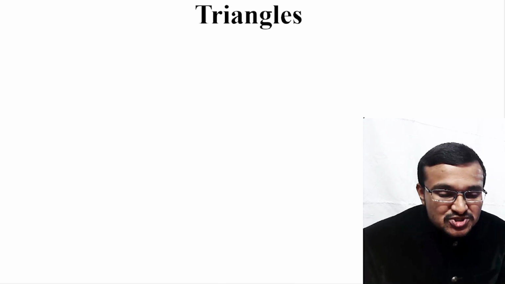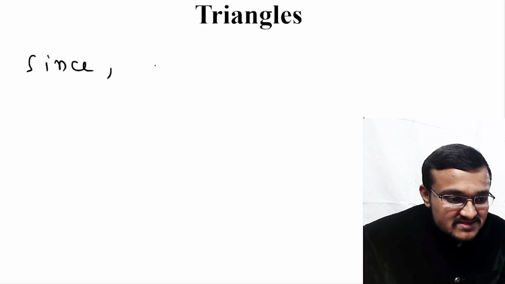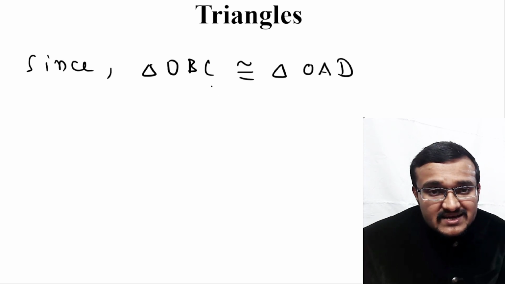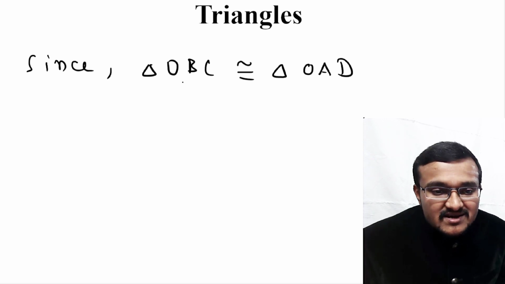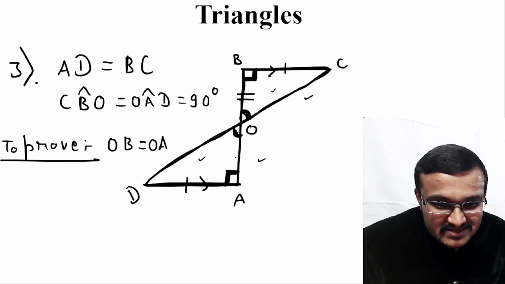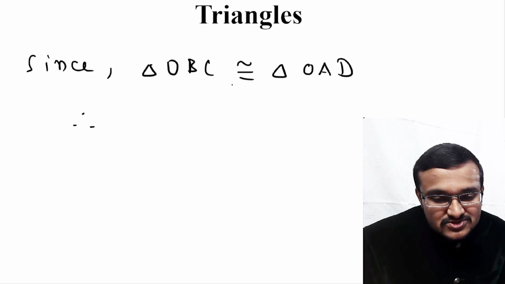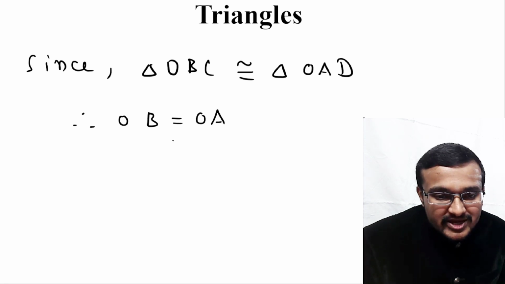Now because these two triangles are congruent, these two sides should also be equal to each other. That is, OB should be equal to OA.